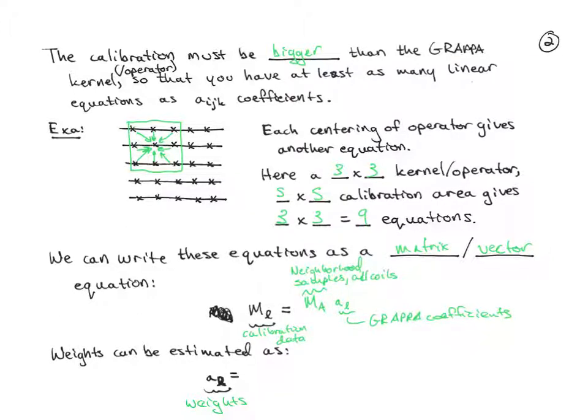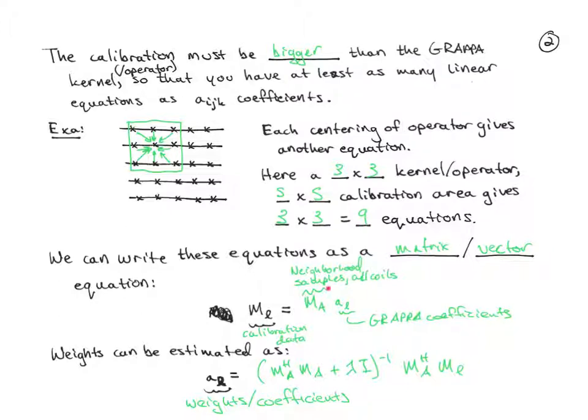Then this system of equations can be inverted to get a set of weights or coefficients equal to a regularized pseudo-inverse, M_A Hermitian times M_L. Note here that M sub A is going to be a matrix, and M sub L is going to be a vector.